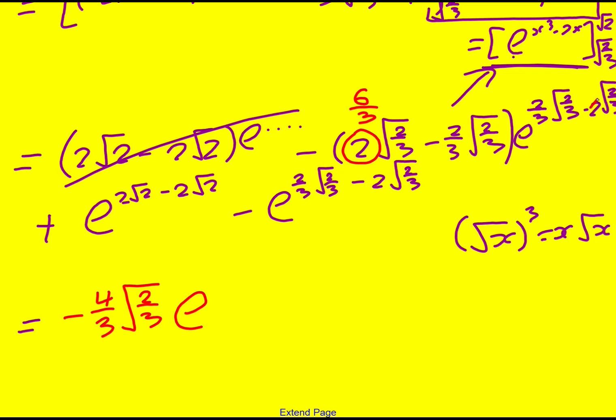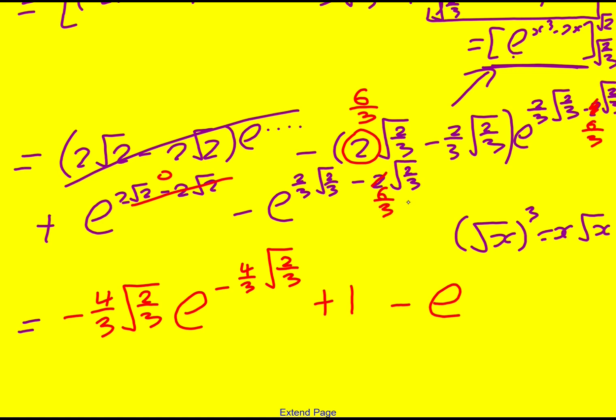And very similar over here, I can replace this by 6 over 3. So e to the minus 4/3 root 2 over 3. This actually just becomes 0, so then I'm going to actually be adding 1. And then I'll be minusing e in a similar way. This is 6 over 3 e to the minus 4 over 3 root 2 over 3.